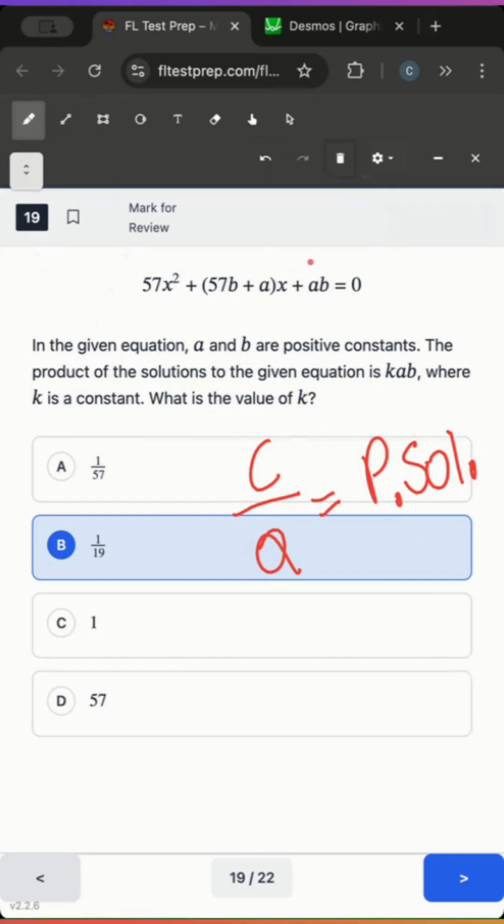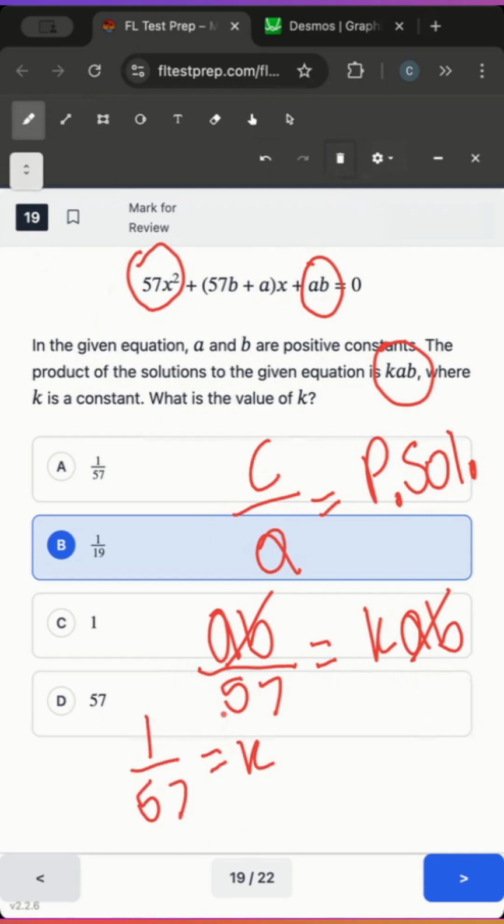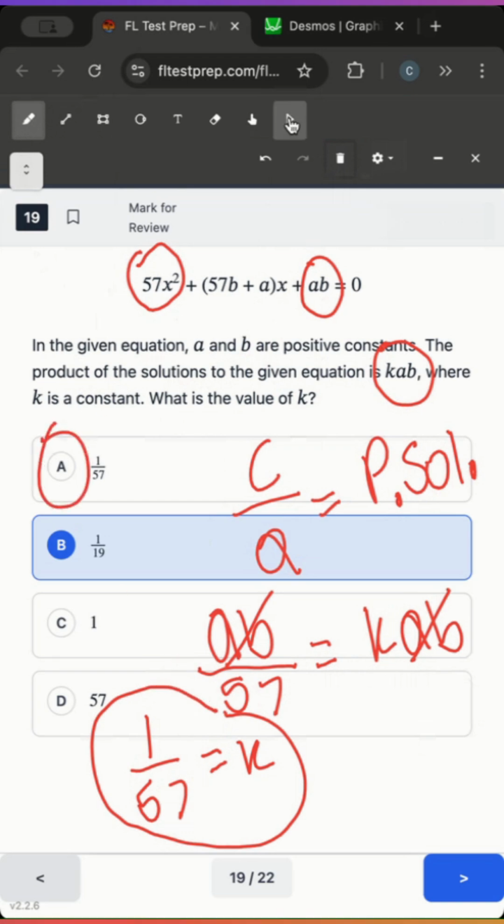And so all I have to do is take C, which is AB, and divide it by A. And so that's going to be AB over 57 is going to be equal to KAB. And what I can do here is just eliminate AB from both sides, and I get 1 over 57 equals K. So A is going to be the correct answer for this question.